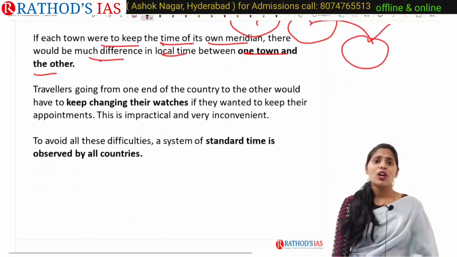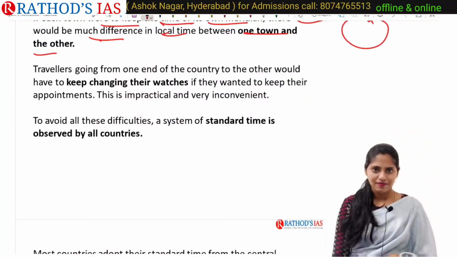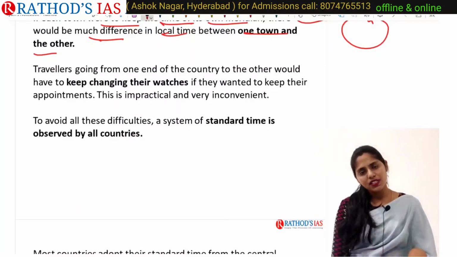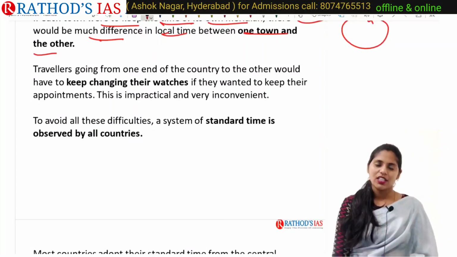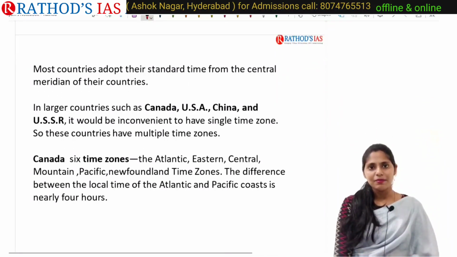So to avoid these difficulties, we came up with a system of standard time, which is present in all countries. In India, it is about 82.5 degrees east longitude. We follow that time. Most countries adopt their standard time from the central meridian of their country.